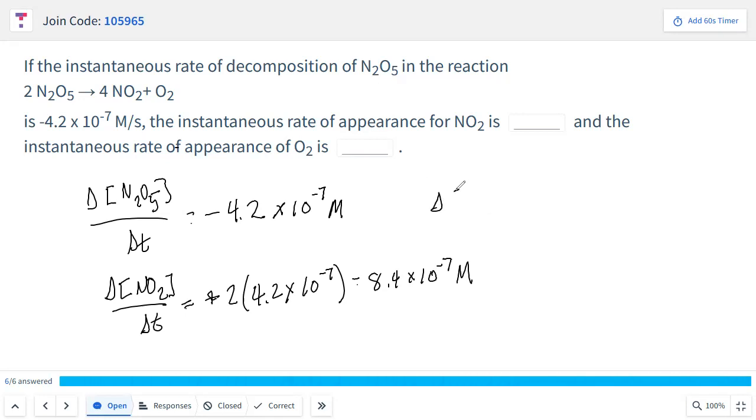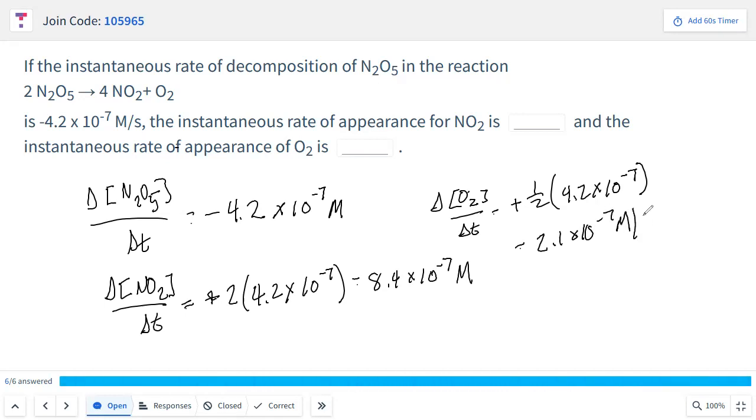So change for oxygen would be positive, since it's appearing, times 1/2 of the 4.2 times 10 to the negative 7th, which would be 2.1 times 10 to the negative 7th molar per second.